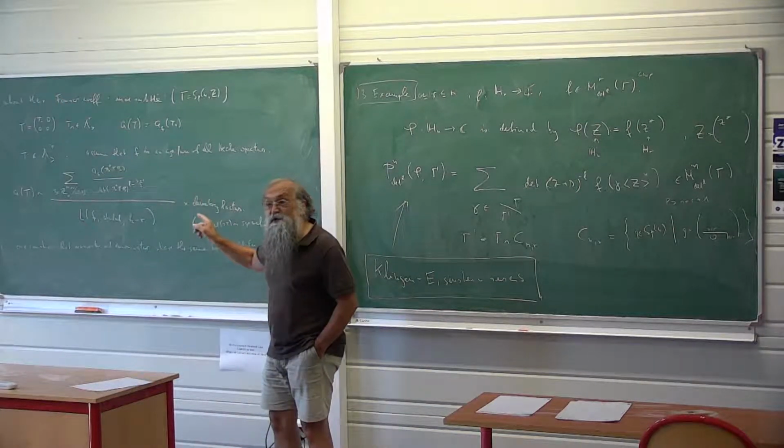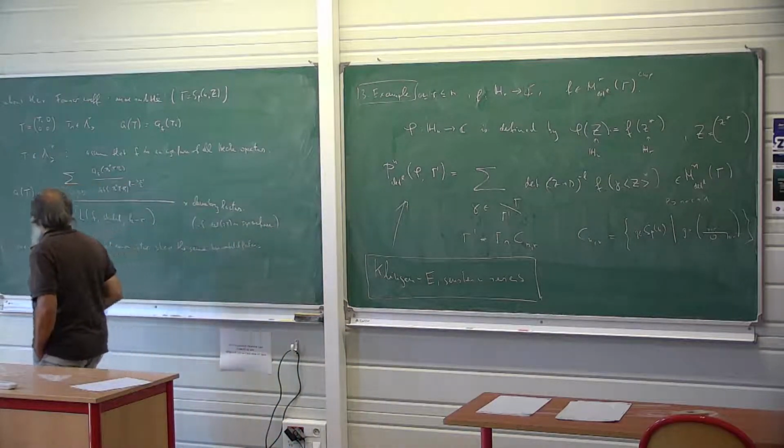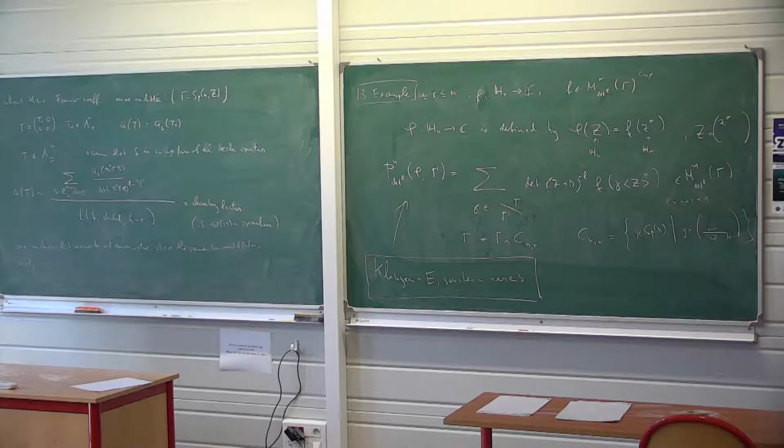So the quotient is algebraic. Namely, what is the joint transcendental factor?